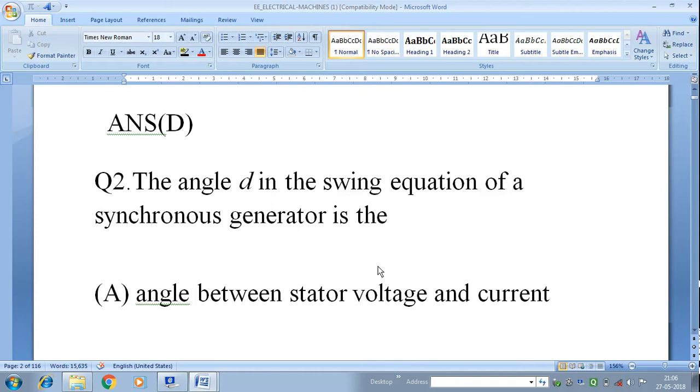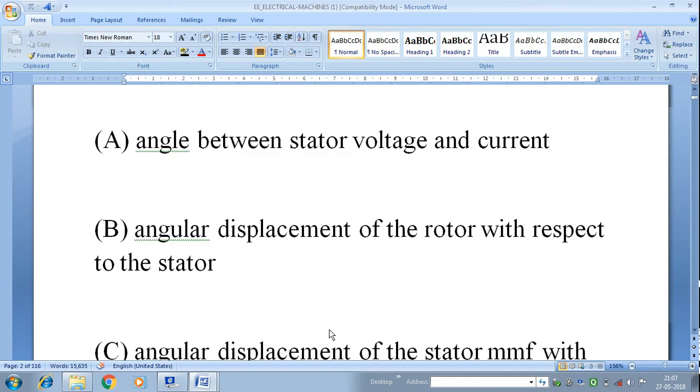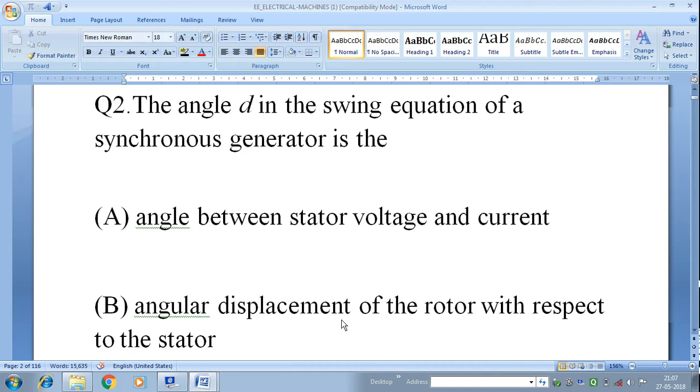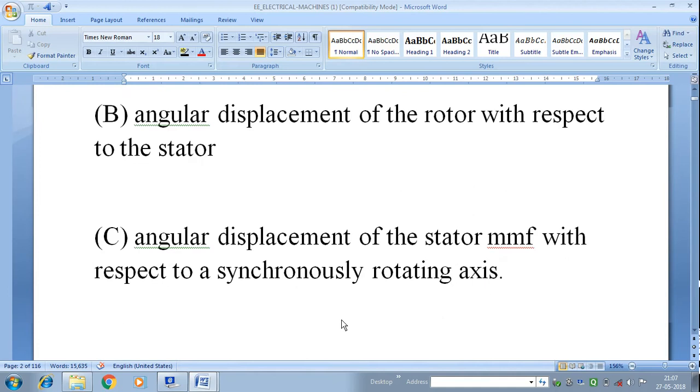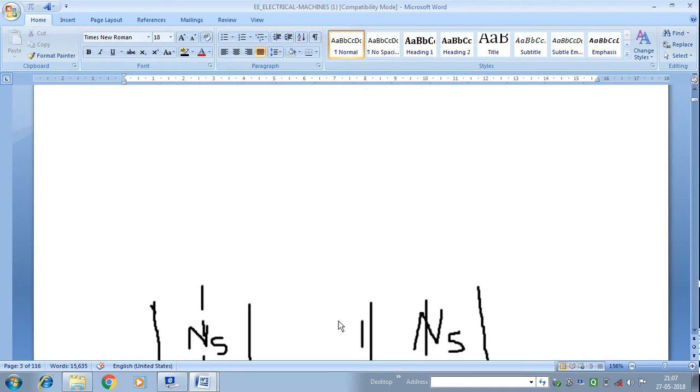Generally, when the load increases or decreases, the rotor field axis gradually falls backward, or lags behind the synchronously rotating axis, that is, your synchronously rotating magnetic field. So let us see the figure.